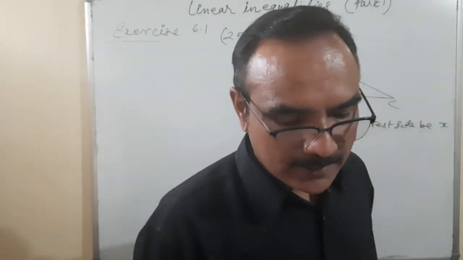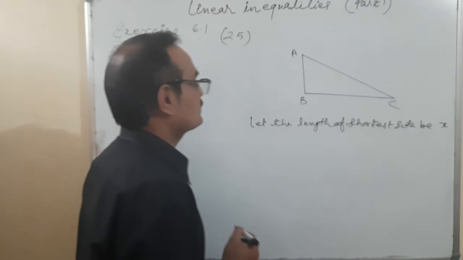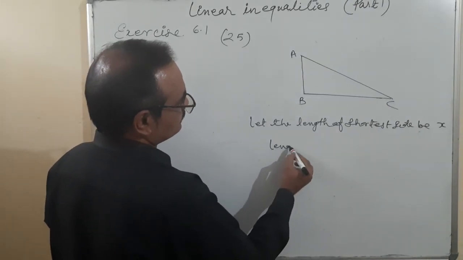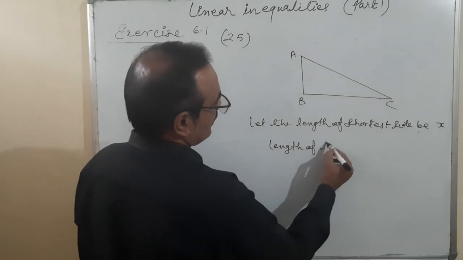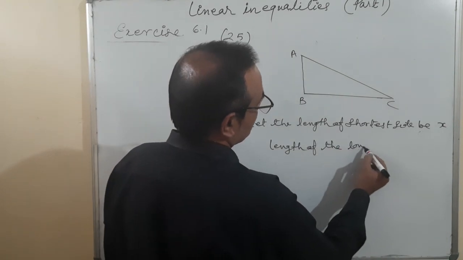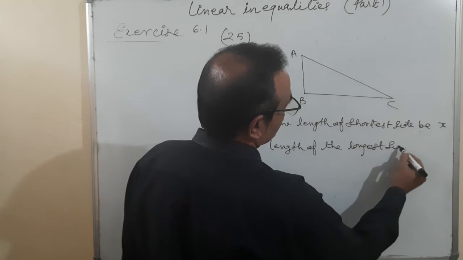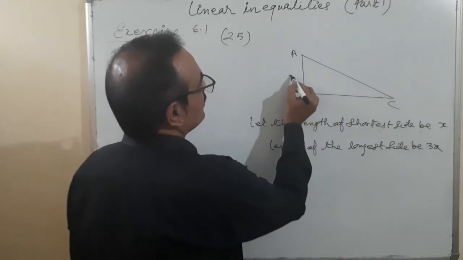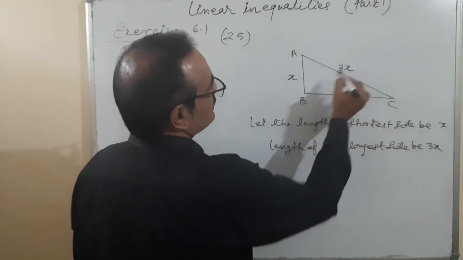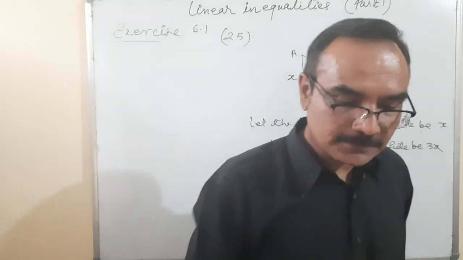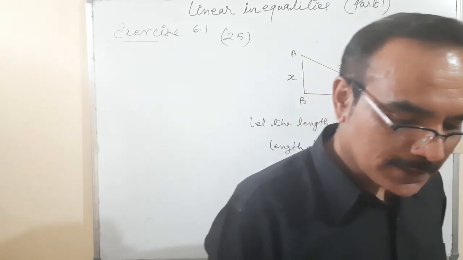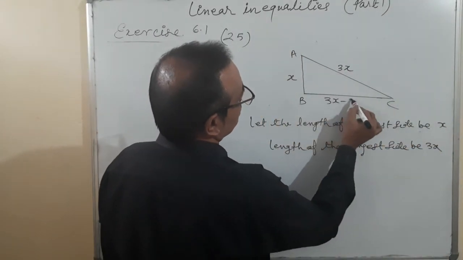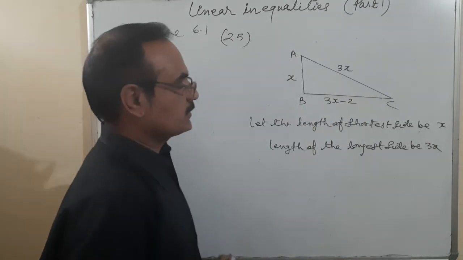And the longest side is 3 times, so let the length of the longest side be 3x. Shortest x, longest 3x. And the third side is 2 centimeters shorter than the longer one, so it is 3x minus 2.